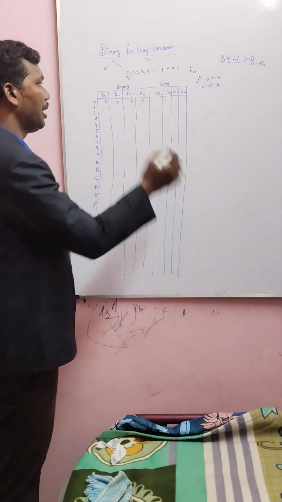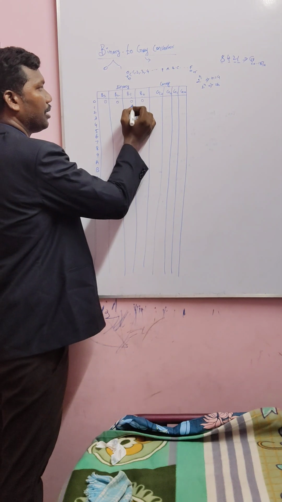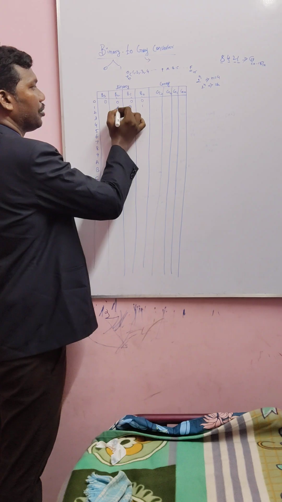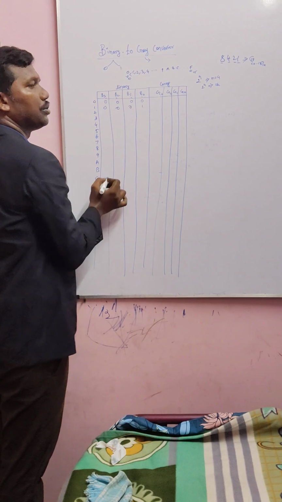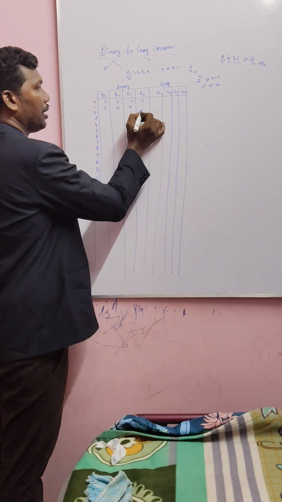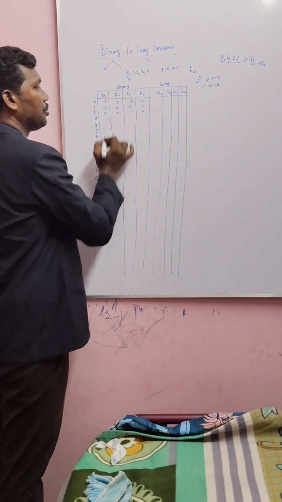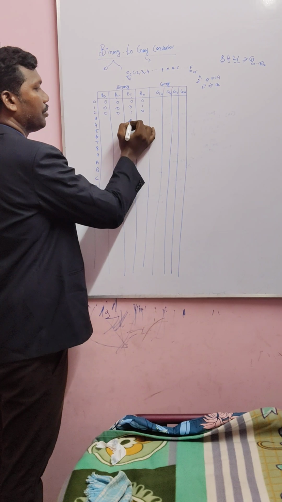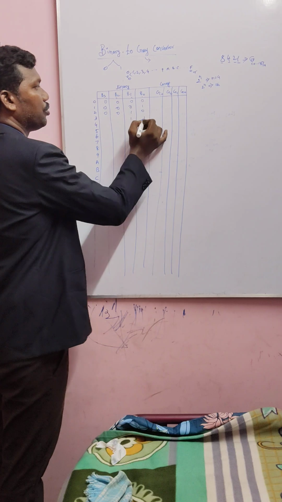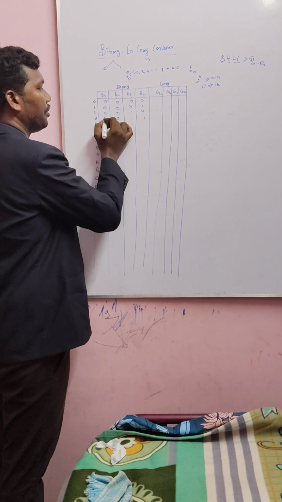Everybody knows that. Likewise, I'm putting 1 here and the remaining 0. The summation of this is equivalent to 1, and followed by this is 2, and if I go to 3, 1 into 2 plus 1 into 1 is 3, and the remaining will be 0.